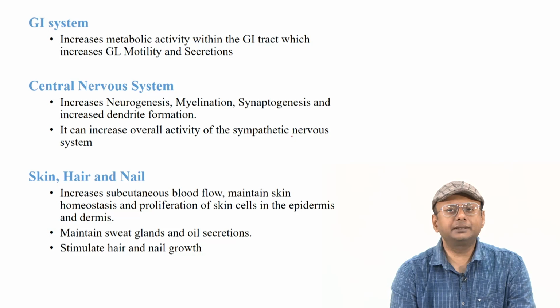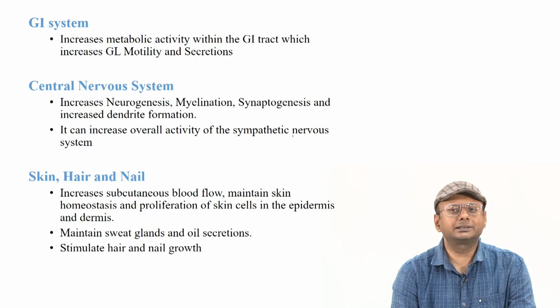In the GI system, thyroid hormones can increase the metabolic activity within the GI tract, which increases GI motility and secretion. In the CNS, or central nervous system, it can increase neurogenesis, myelination, and also dendritic formation. It can also increase the overall activity of the sympathetic nervous system.